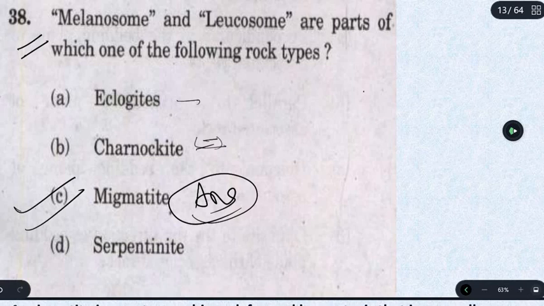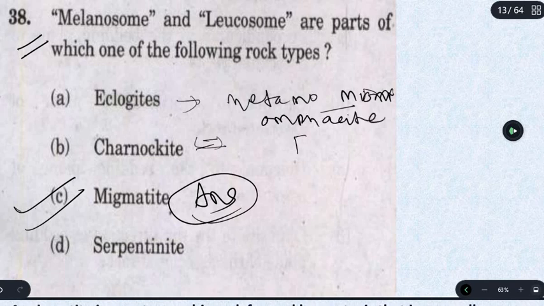Is eclogite igneous or metamorphic? What are some of the metamorphic minerals present in eclogite? Tell me. Omphacite. Omphacite is of which mineral group? Omphacite is garnet.